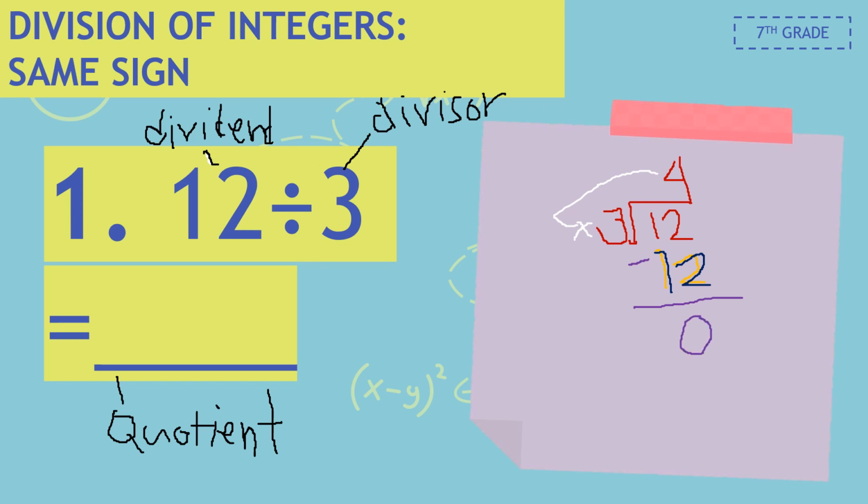Ibig sabihin, ang ating quotient po ay just the number 4. So 12 divided by 3 is equals to 4. And again po, dahil sila ay same sign, ang answer po natin will always be positive. I hope nakasunod po ang lahat for the first example.